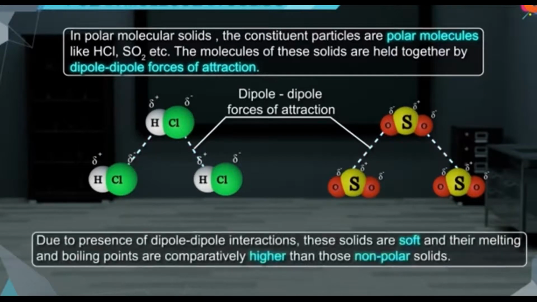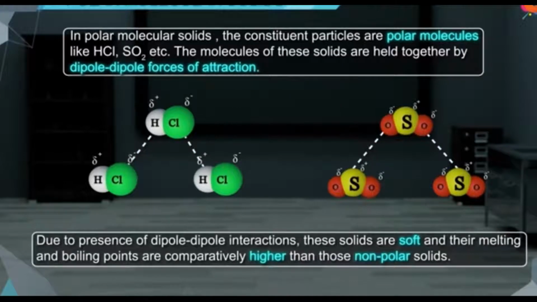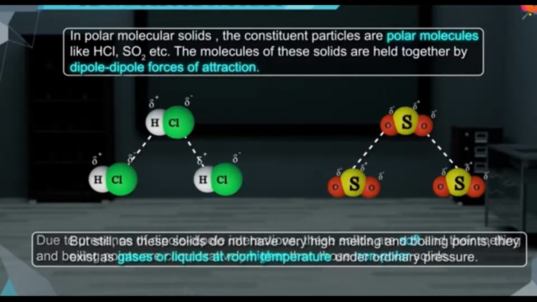Due to the presence of dipole-dipole interaction, these solids are soft and their melting and boiling points are comparatively higher than those of non-polar solids. But still, as these solids do not have very high melting and boiling points, they exist as gases or liquids at room temperature under ordinary pressure.